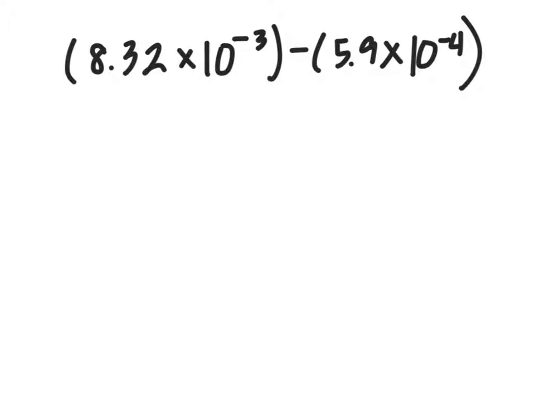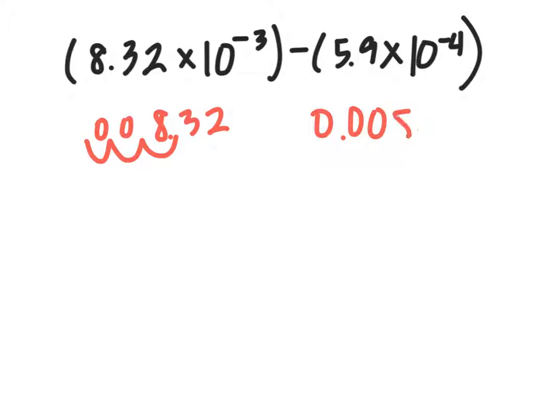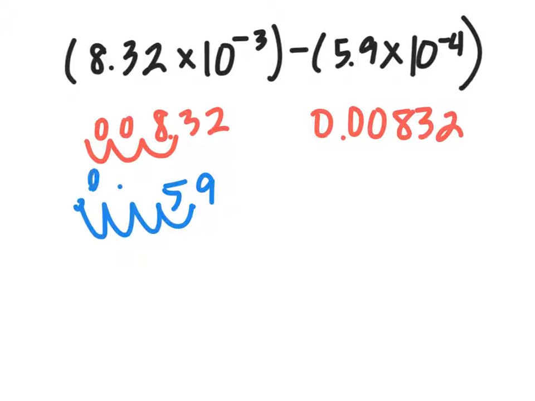Let's look at subtracting small numbers again. We have 8.32 times 10 to the negative third. Negative third means we get a small number, so we'll have 0.00832. And we are going to subtract 5.9 times 10 to the negative fourth. So we get an even smaller number here, 0.00059.